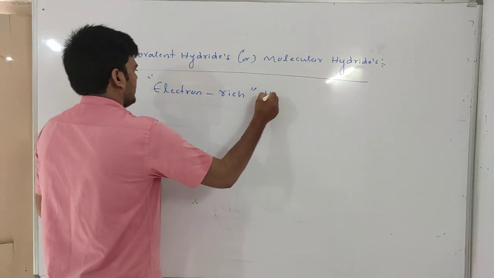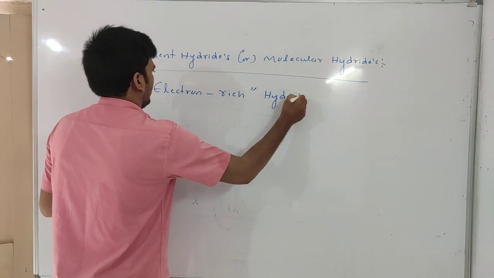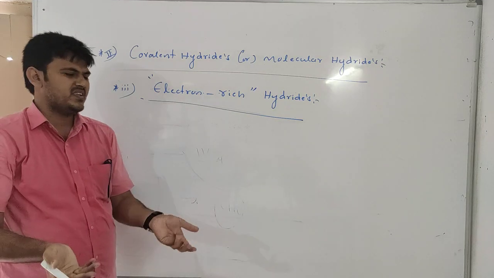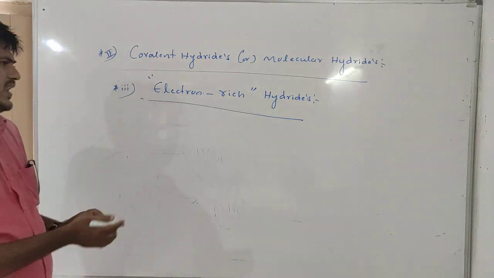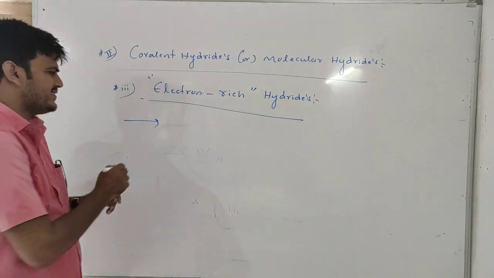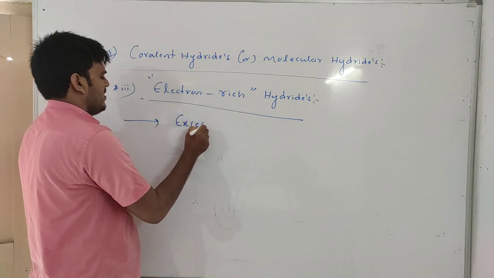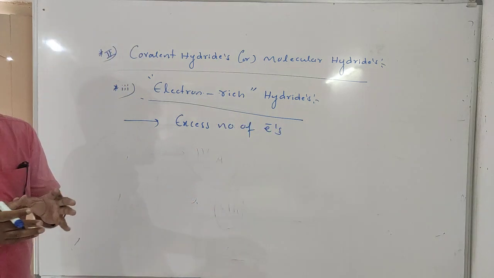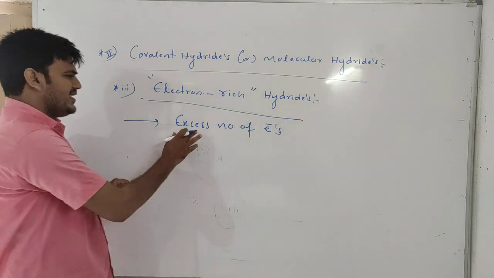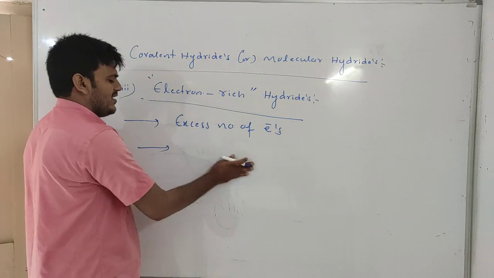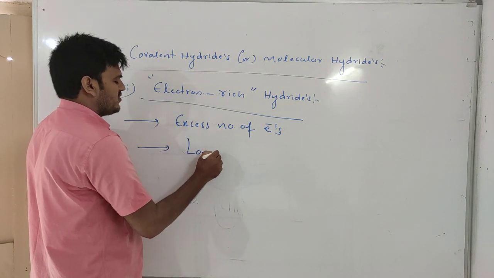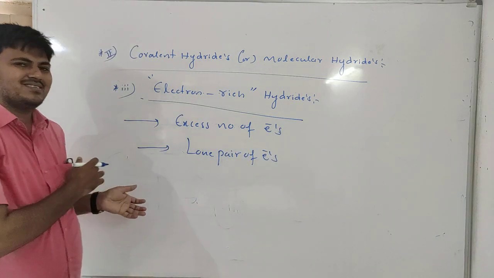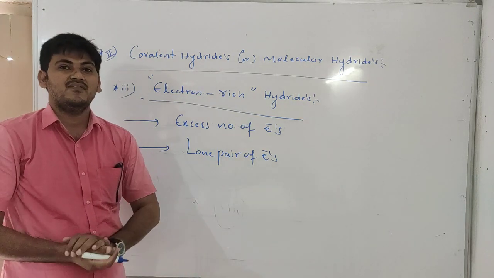An electron rich hydride has an excess number of electrons, and these excess electrons act as lone pairs of electrons.